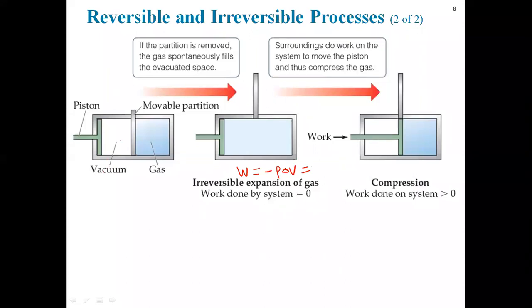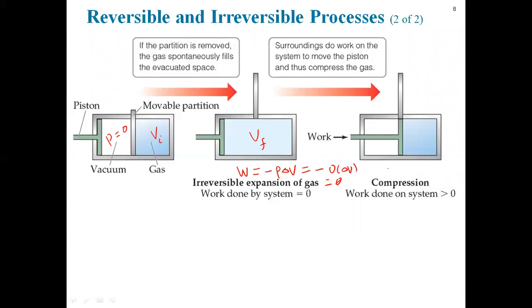Vacuum means pressure equals 0. So we have negative 0 times delta V. Delta V is not 0, because this is your V final and this is your V initial. But 0 times anything becomes 0. So the work done by the system equals 0.